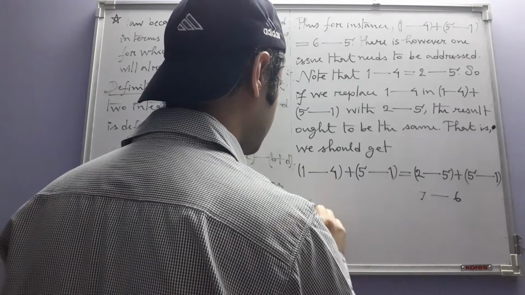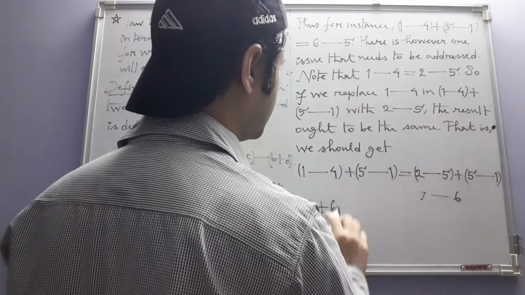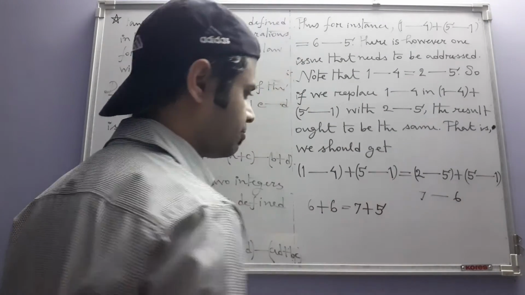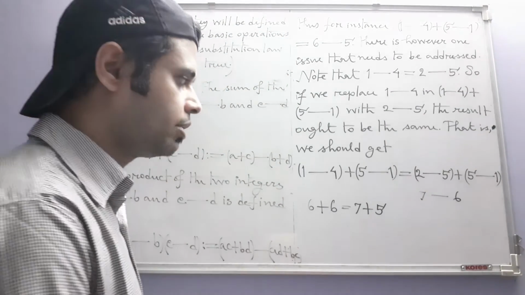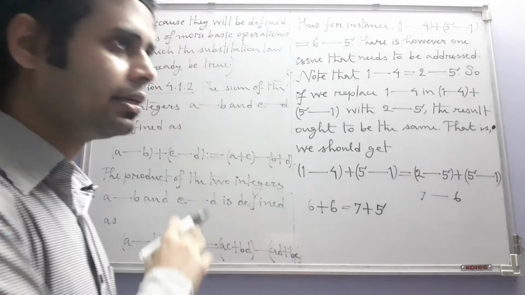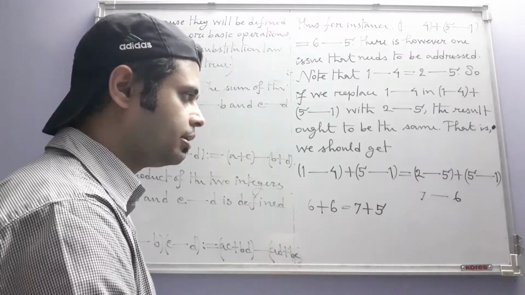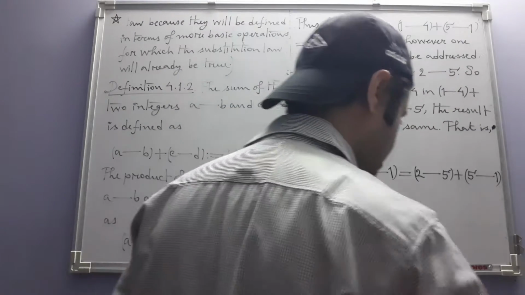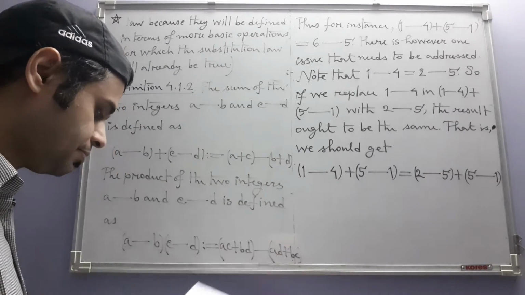Because 6 plus 6 is equal to 7 plus 5. That's why these two are equal and we actually have equality. But this is only one instance. What about in general? Do we really have this thing in general? And to answer that question, we have a result, and that result is this one.